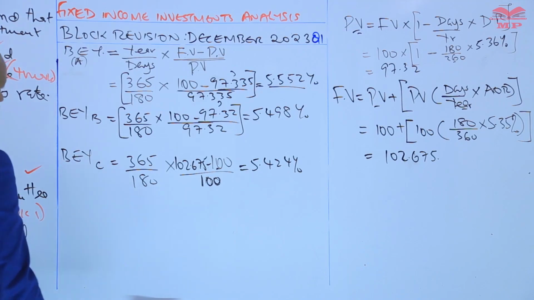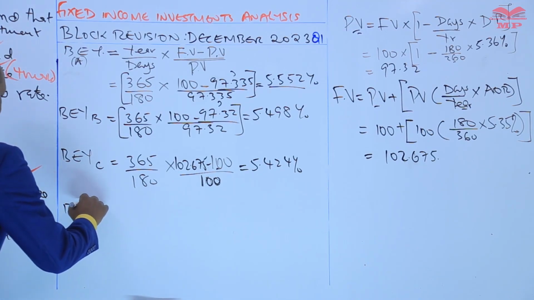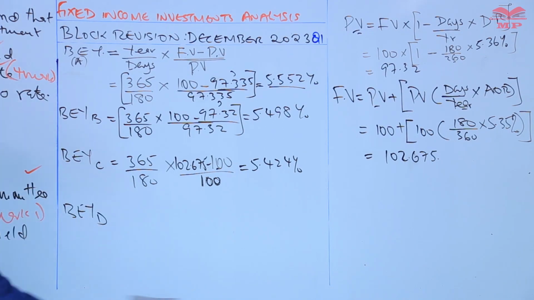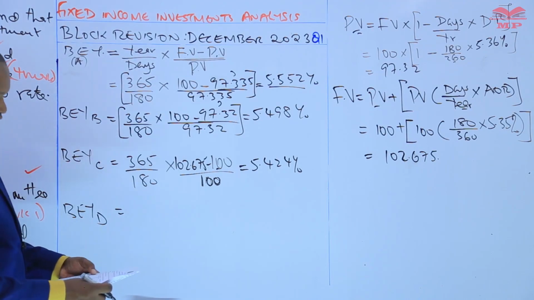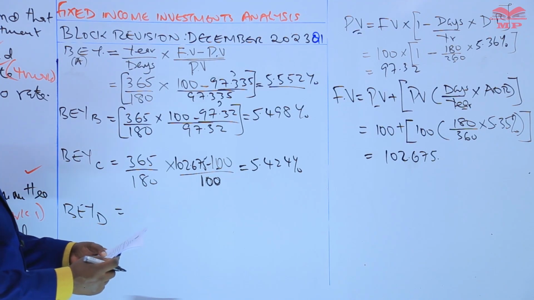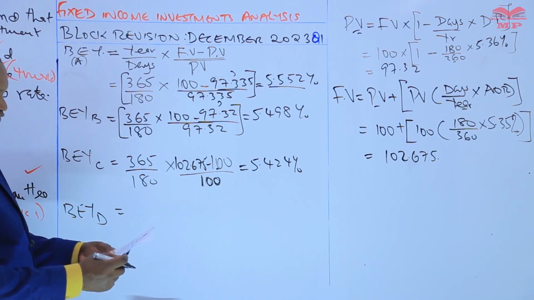Then lastly, we have the bond equivalent yield for instrument D. Now, instrument D, the quotation basis is the add-on rate. The assumed number of days in the year is 365, and the quoted rate is 5.45%.